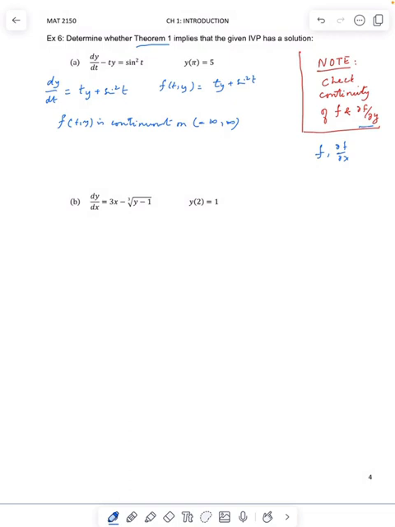Now we have to check the continuity of partial f by partial y, which in this case will be just the variable t, because this is what will give us t, and the second term here does not have a y in there, so it's like a constant term, so the derivative will be 0.